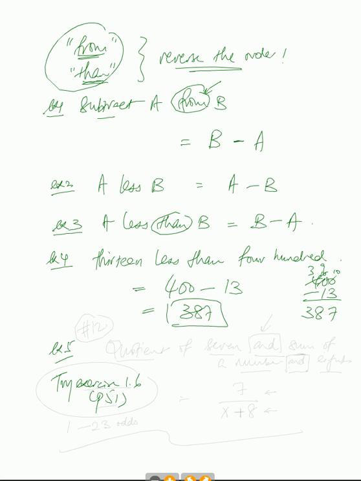What do you think I'm talking about if I say quotient of 7 and sum of a number and 8? I'm looking at page 51, and this problem is number 12.